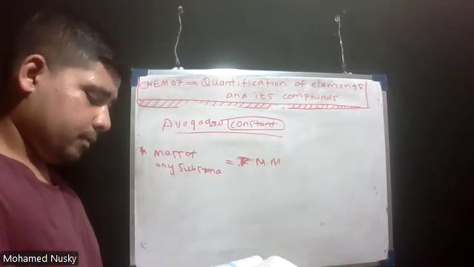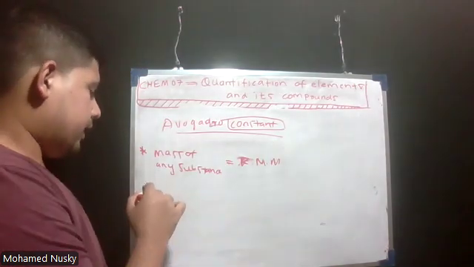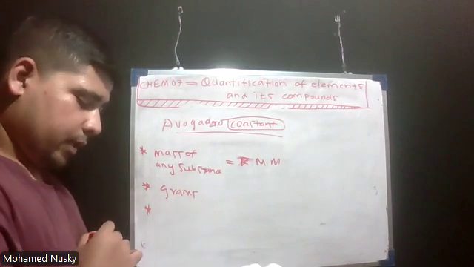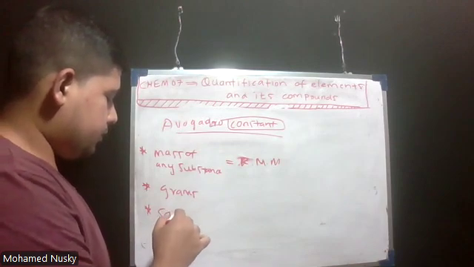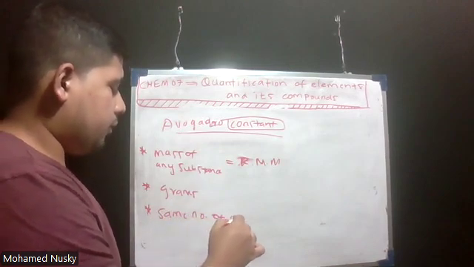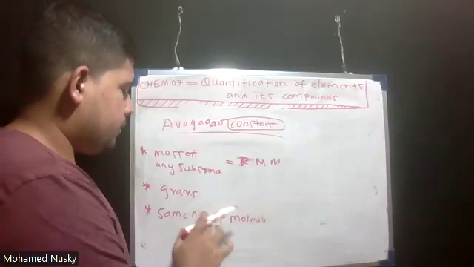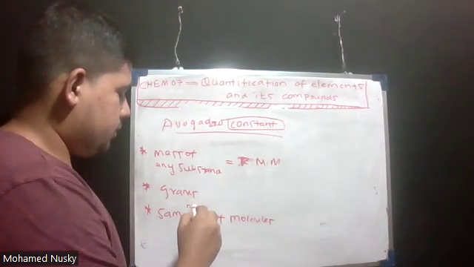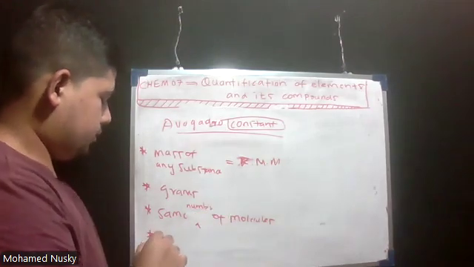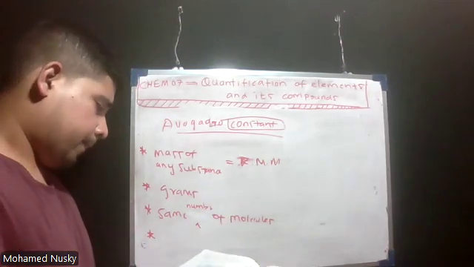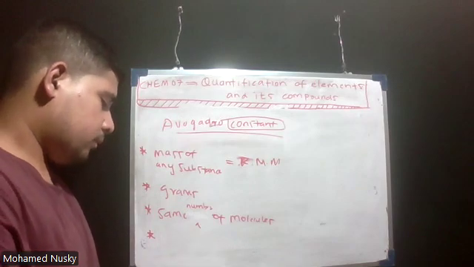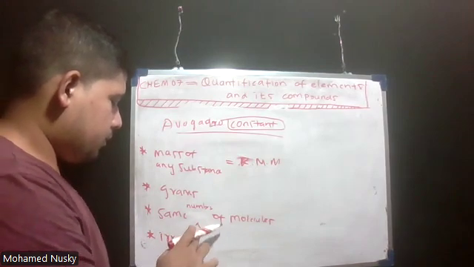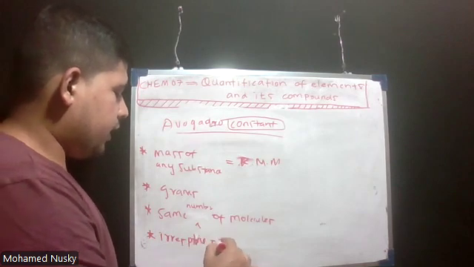Relative molecular mass is taken in grams, it contains the same number of molecules, irrespective of the type of molecule.